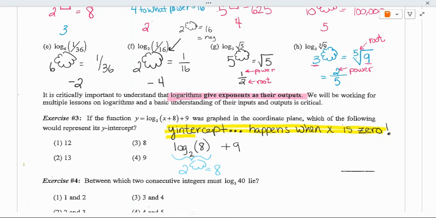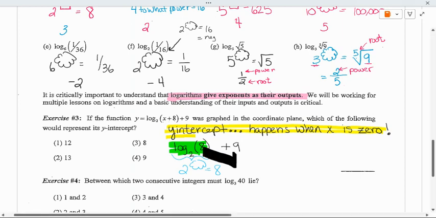So this whole parenthesis piece right here is the same thing as saying 3 plus 9. And what is 3 plus 9? 12. Okay.